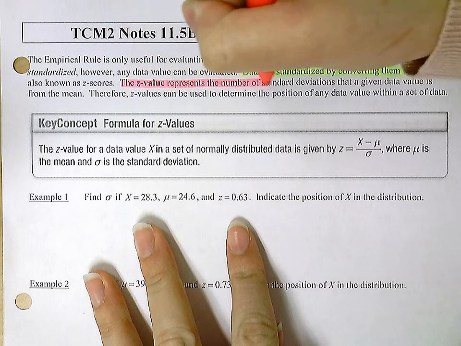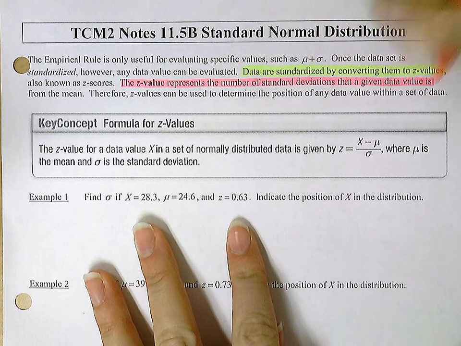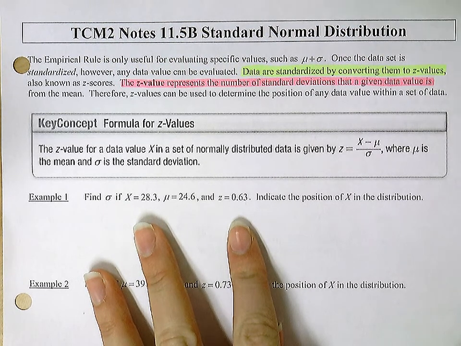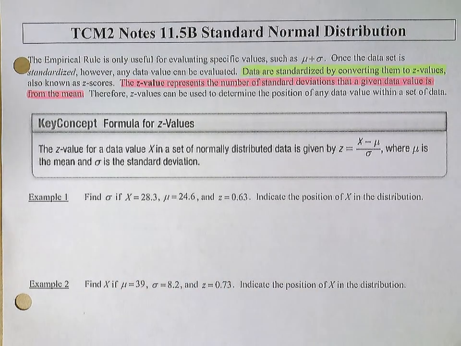It is the distance from the mean, the center of that graph that we were looking at yesterday. Therefore, z-values can be used to determine the position of any data value within a set of data.